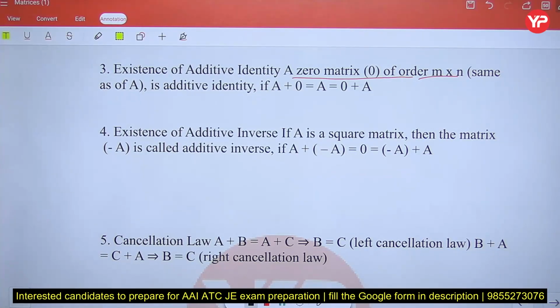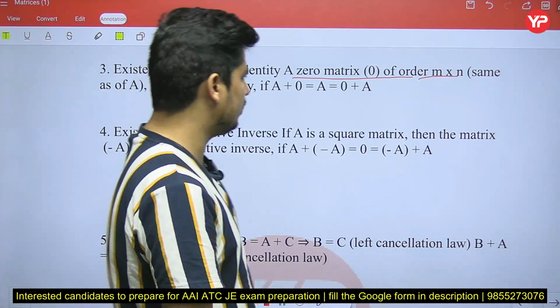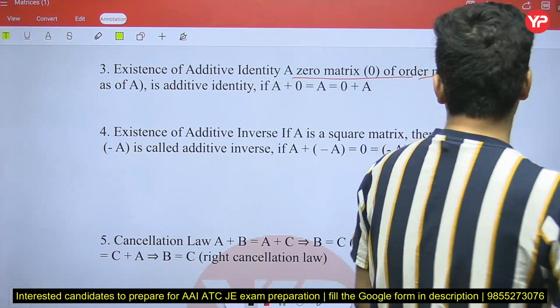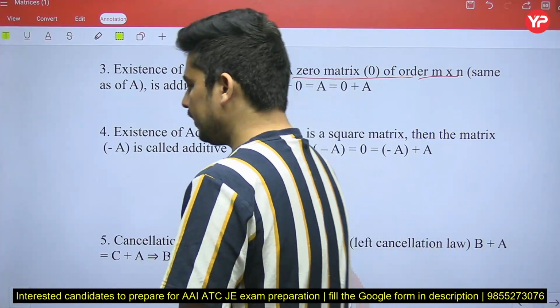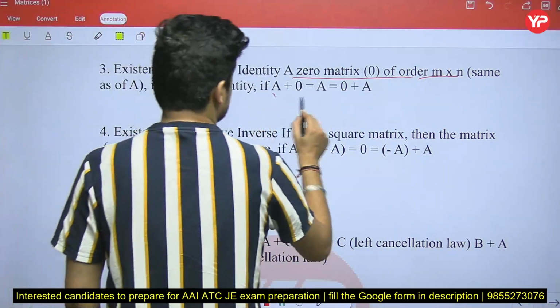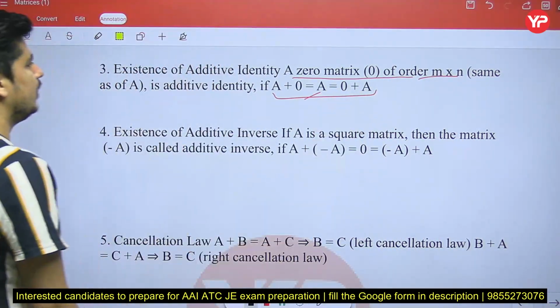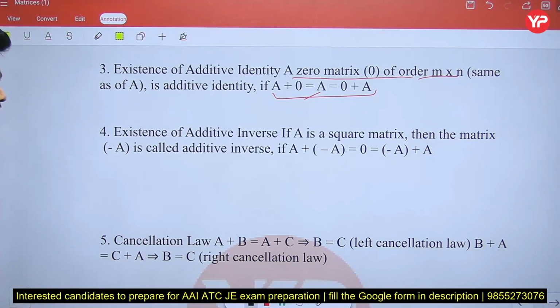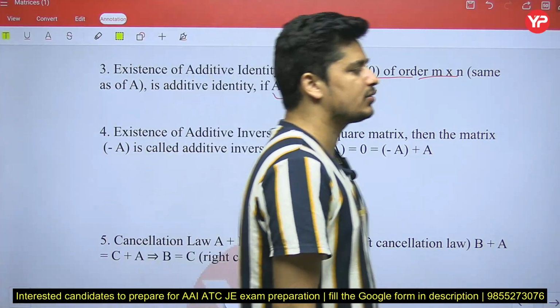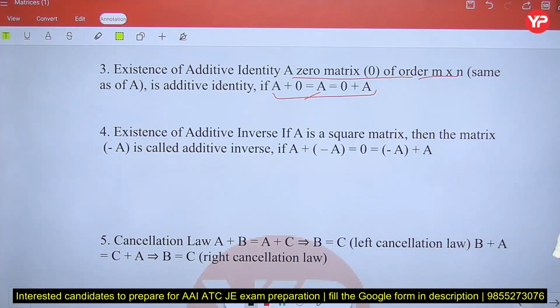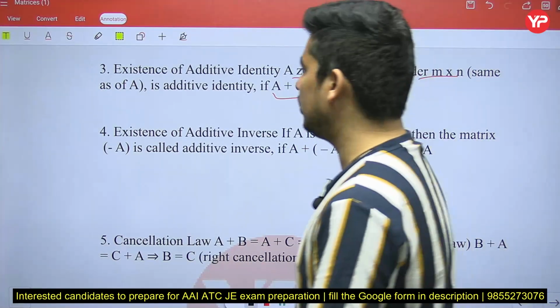It means if you add the null matrix of the same order as your matrix A, it will give you the same value, that is A, right? So that's why it is called additive identity. The additive identity of a matrix is the zero matrix or null matrix of the same order. Remember the statement, same order.